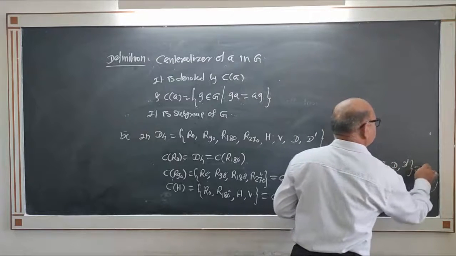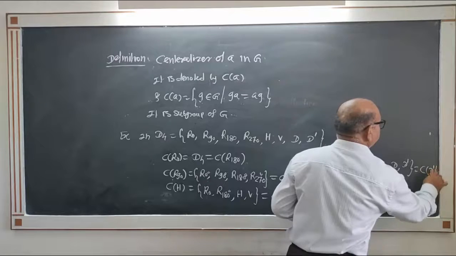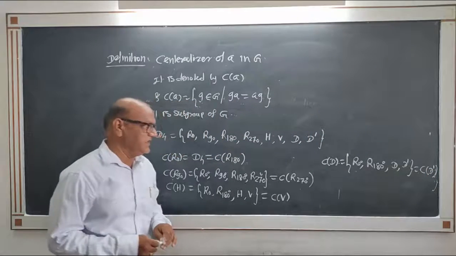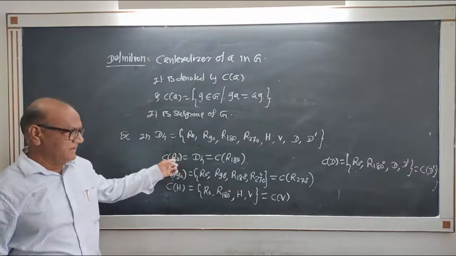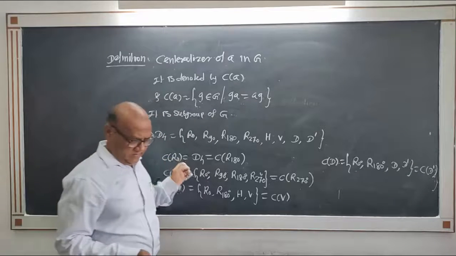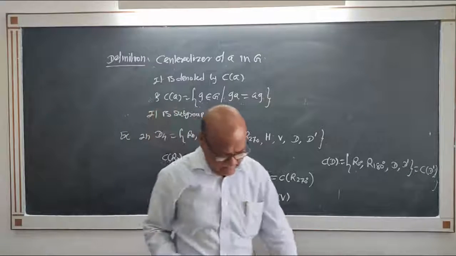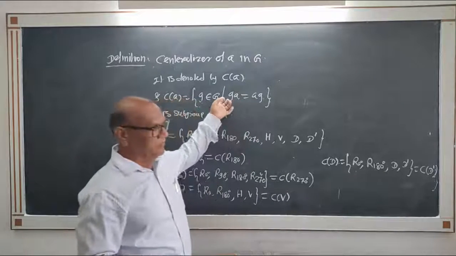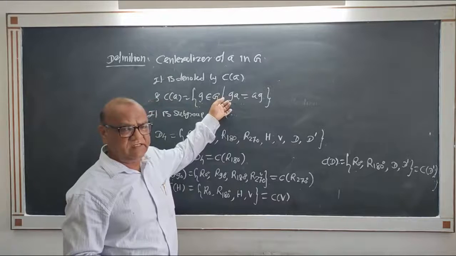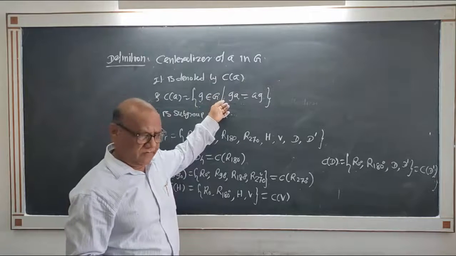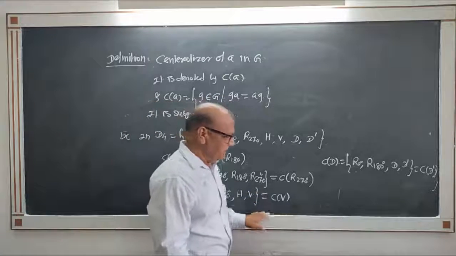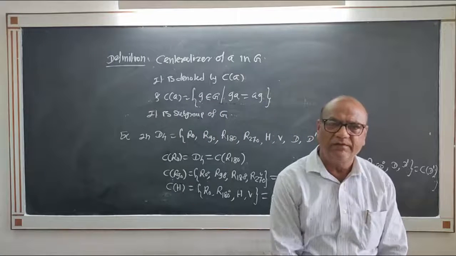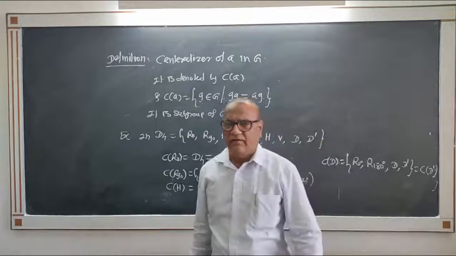This is also C of D dash, the centralizer of D dash. And this set is a subgroup. We stop here. Thank you.